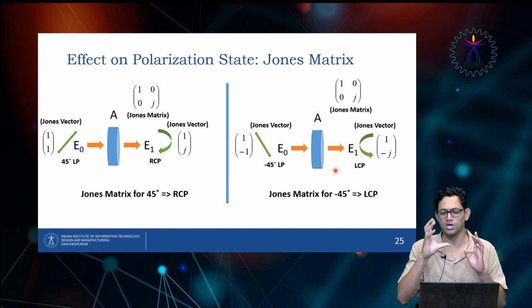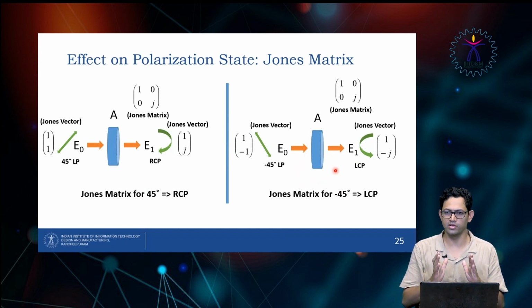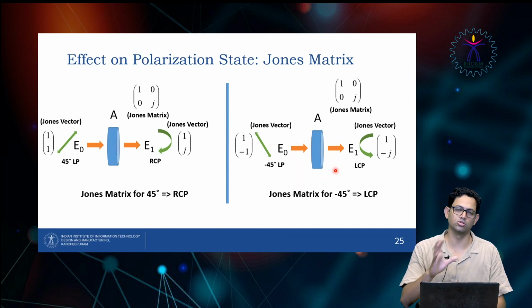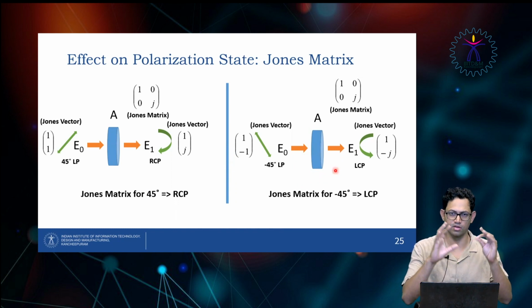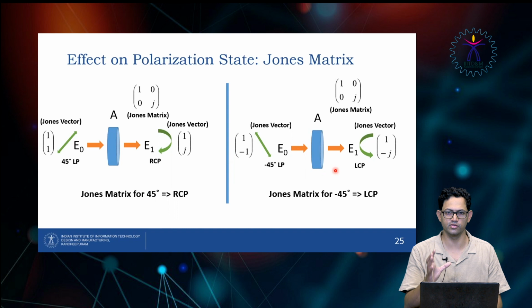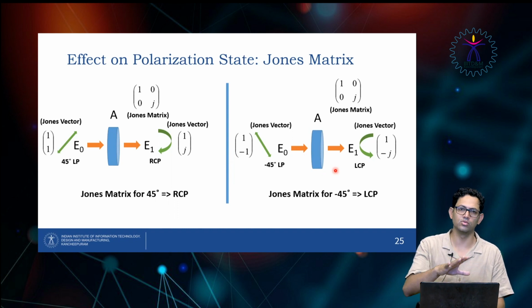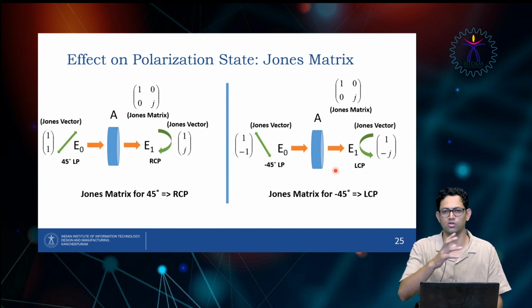So a quarter wave plate has a constant Jones matrix. A half plate also has a constant Jones matrix. Every one of them has its own Jones matrix, and based upon what you excite them with, you can get the output, whether you want left or right circular polarized light.